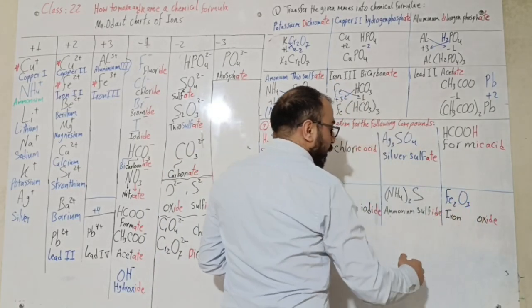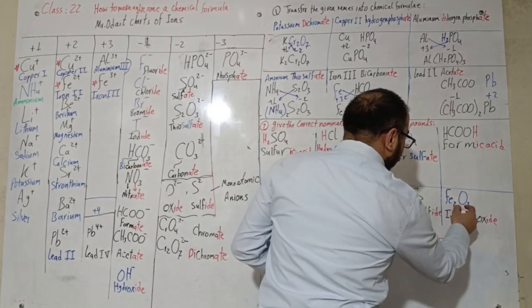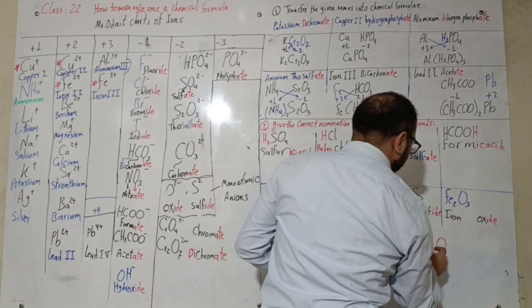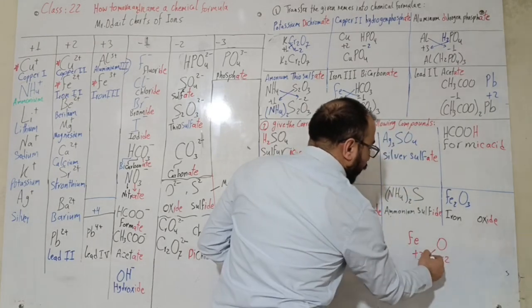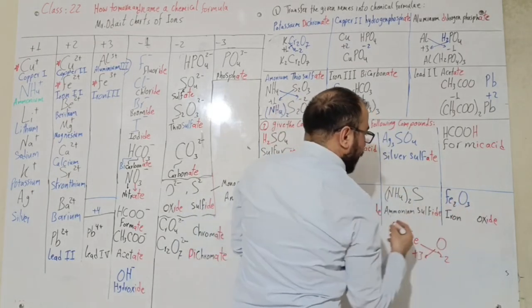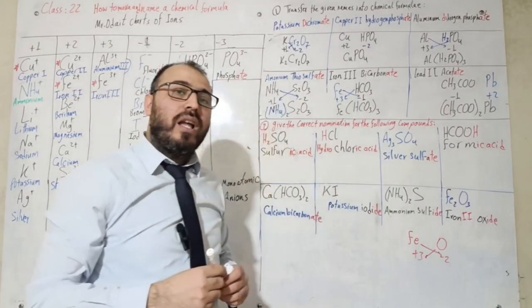So I give them back to what they were. I have oxide -2 and I have iron here. So it's a plus 3 because I cross multiplied them. I get the same result, so it's iron 3 oxide.